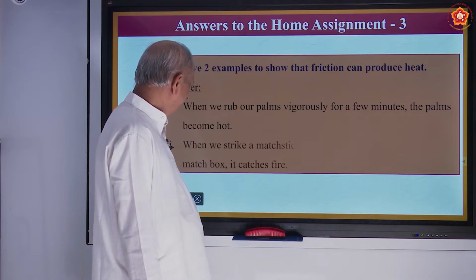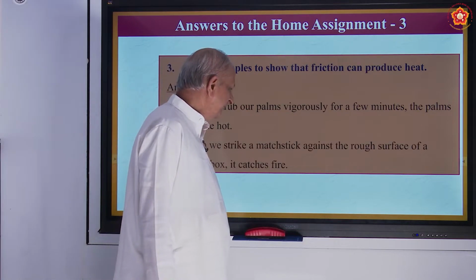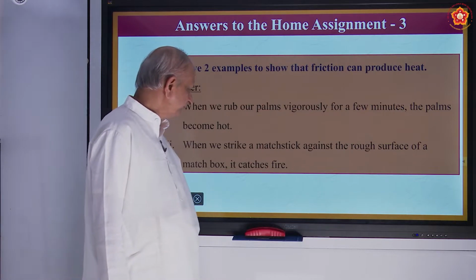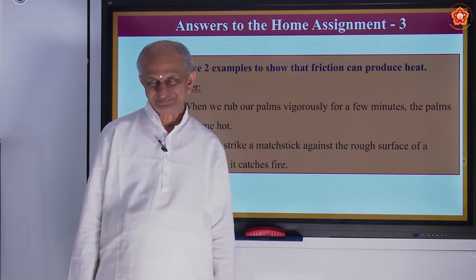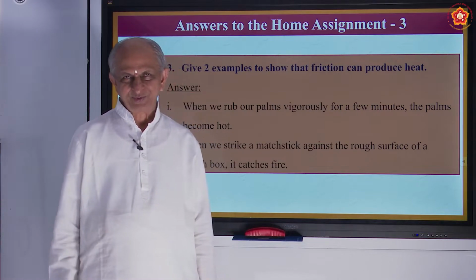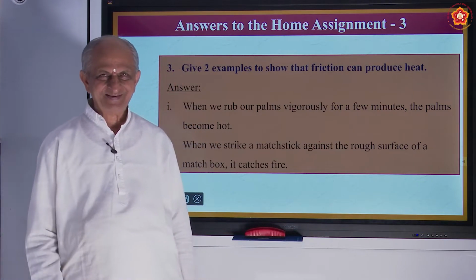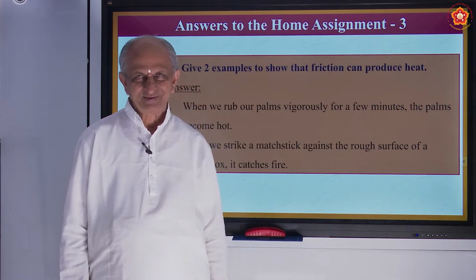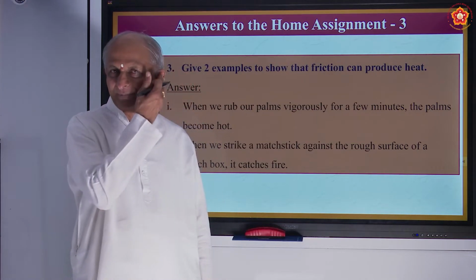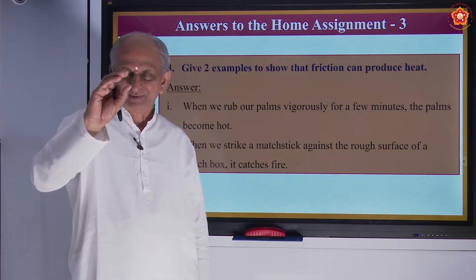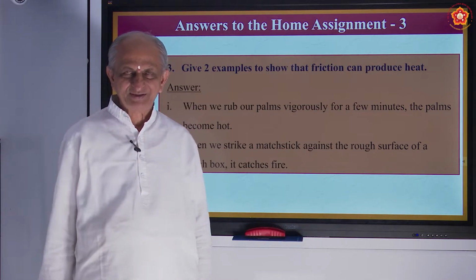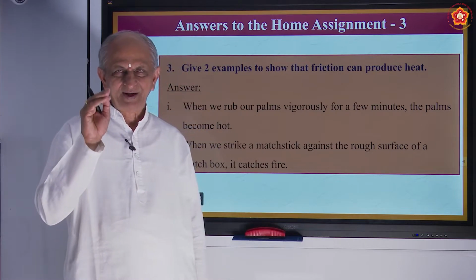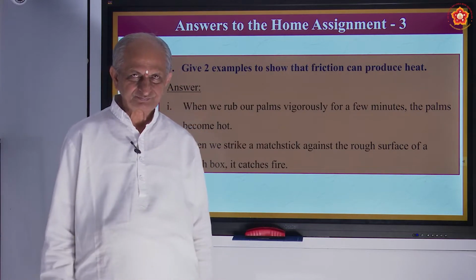The second example will be when you strike a matchstick against the rough surface of a matchbox, it catches fire. Of course, nowadays you have got lighters. Very rarely do they use matchsticks. But it's a common experience. Every matchbox contains about 50 matchsticks, and these matchsticks are prepared with some chemicals.